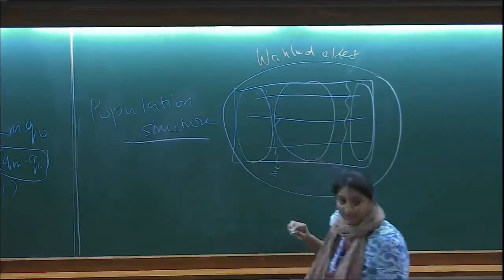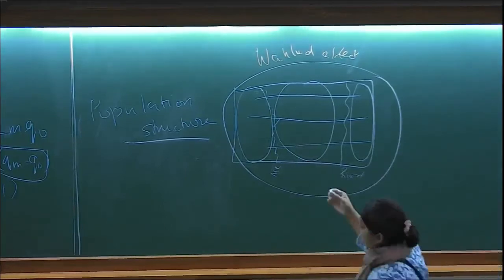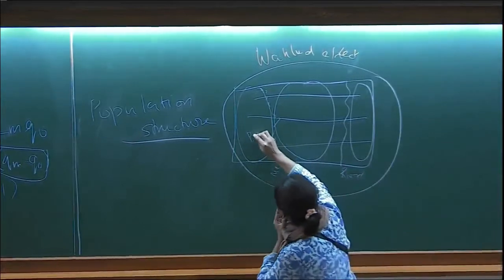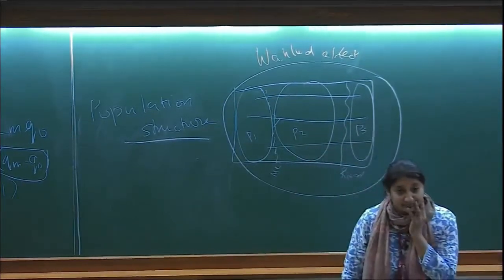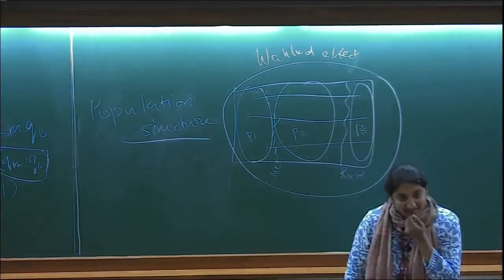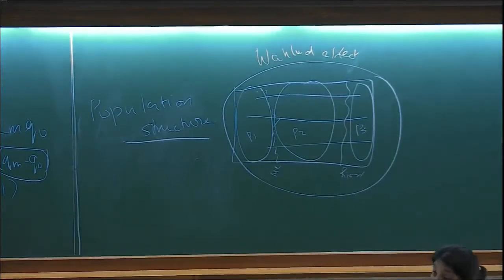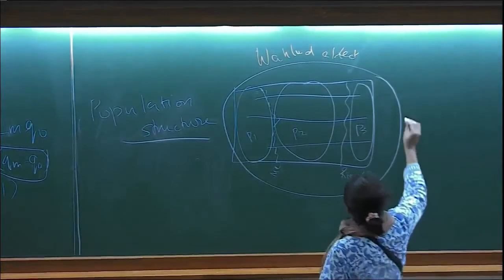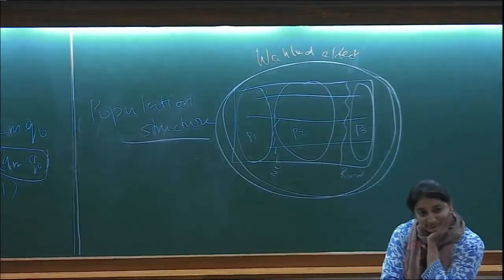So what happens if you have these three subgroups? Actually, if it's three subgroups, we should have P1, P2, and P3, correct? Three populations, three different allele frequencies, right? But if you didn't know that there were three populations and you thought that these were all mixing up, what would P be?